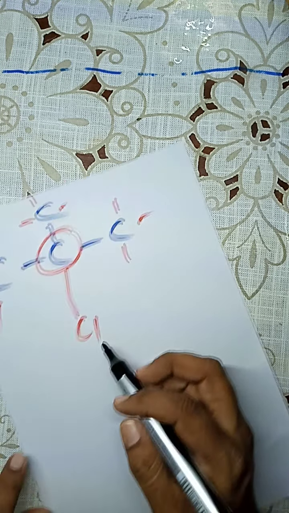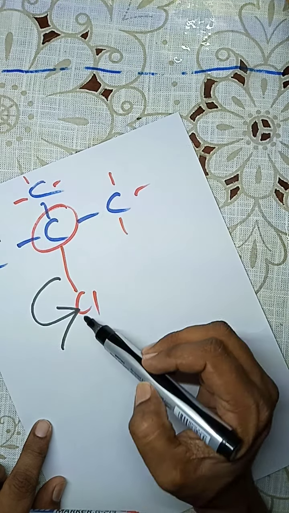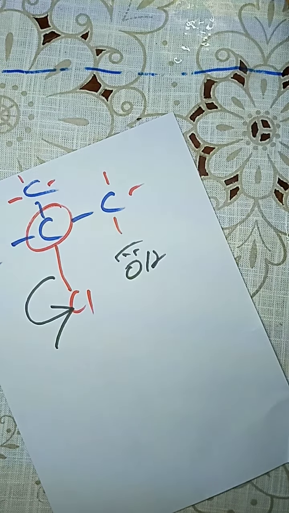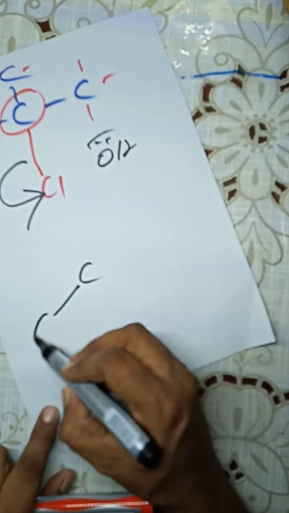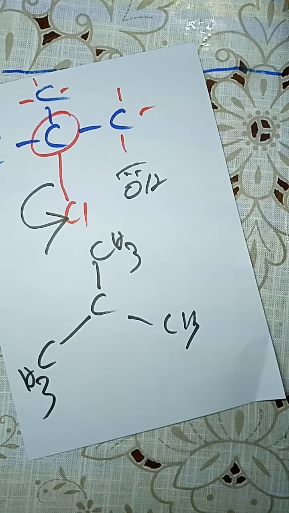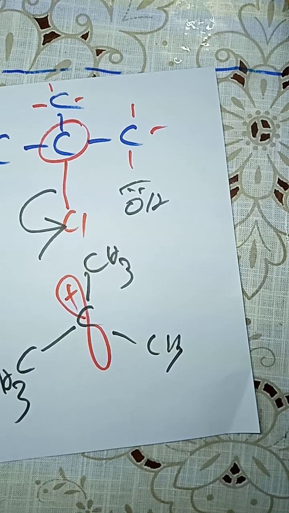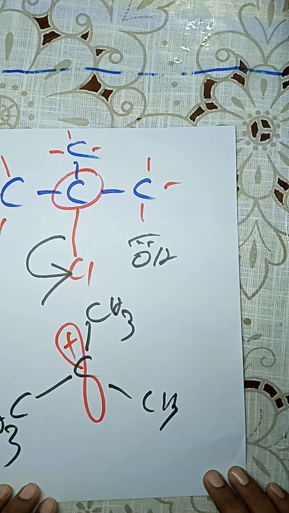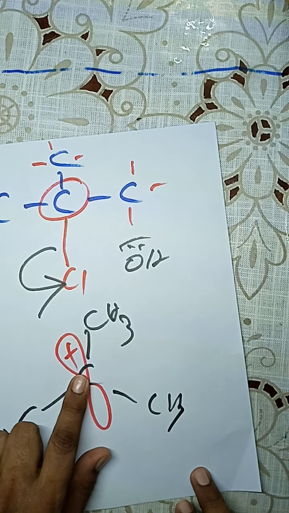Then if the C-Cl bond is broken heterolytically before reaching the OH minus ion, a tertiary carbocation is formed. This tertiary carbocation is stabilized due to both the inductive effect and hyperconjugation. Therefore it is highly stable.